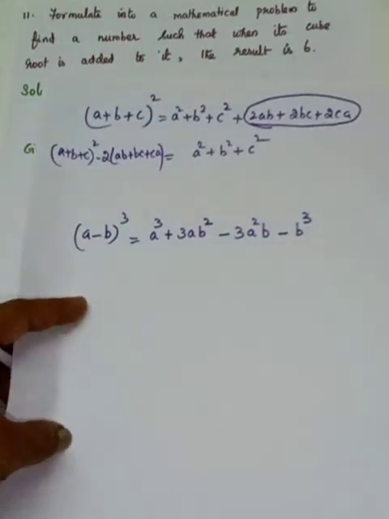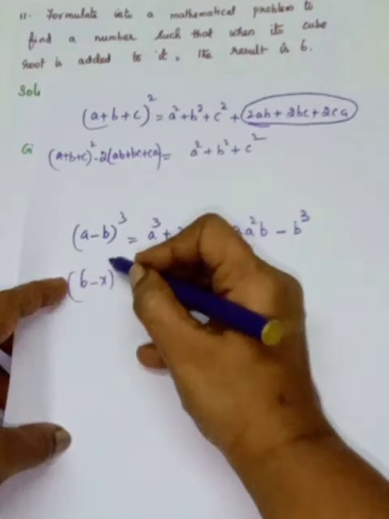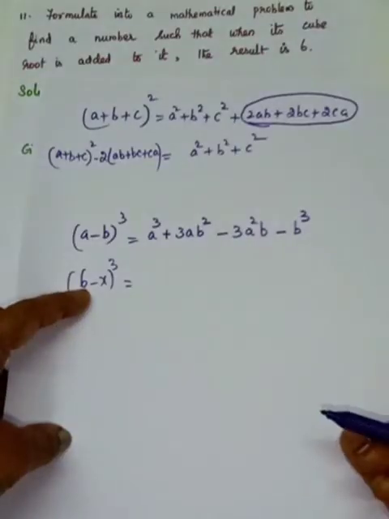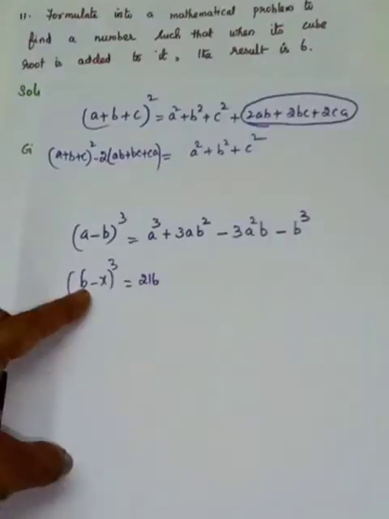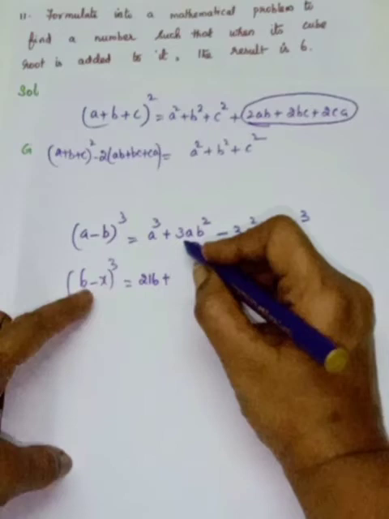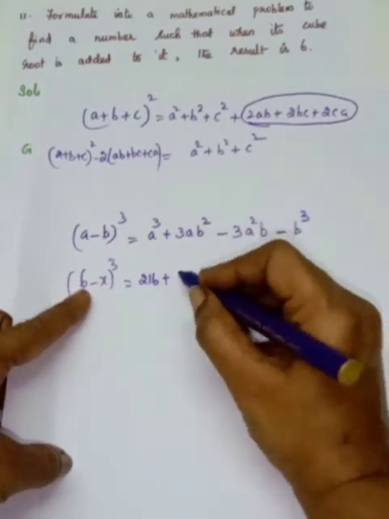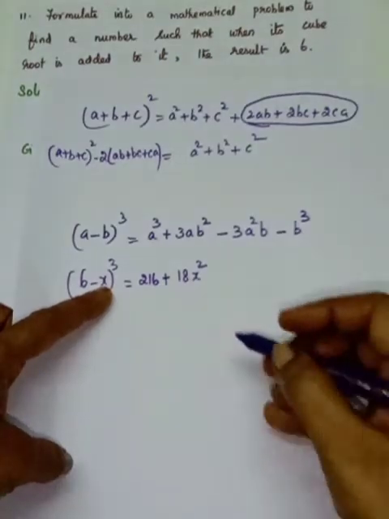Okay, so this formula has to be applied here. See, (6 minus x) the whole cube. So first a cube, that is 6 cube. 6 cube is 216. Okay, and plus 3 into a. So your a is 6, 3 sixes are 18, 18 into x squared. Your b is x, so it is x squared.